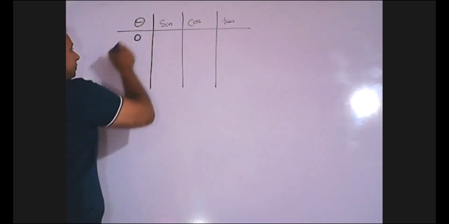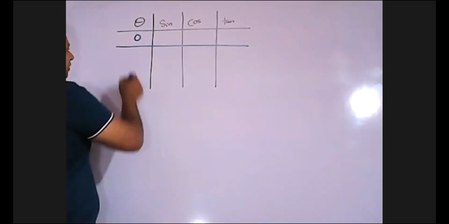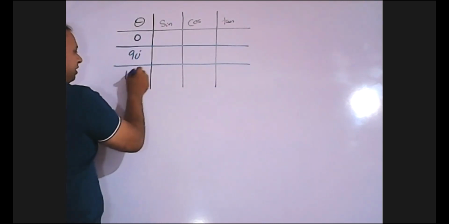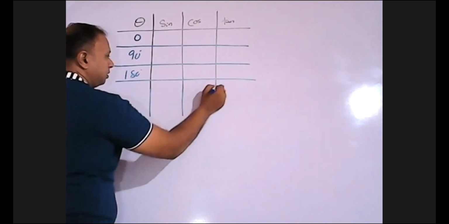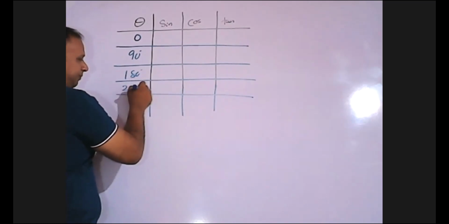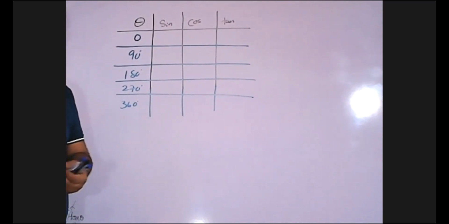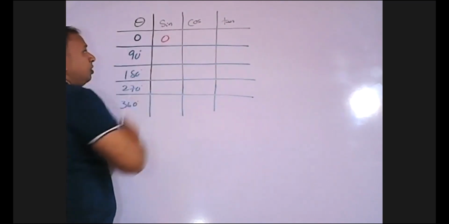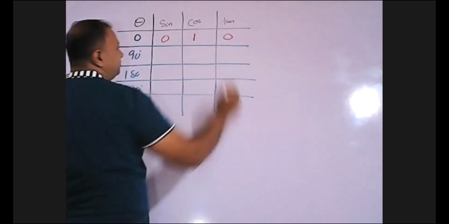If theta is 0, if theta is 90, 180, 270, and 360. If it is 0, sine 0 is 0, cos 0 is 1, tan 0 means 0 over 1, 0.